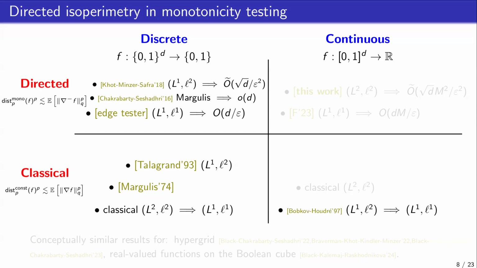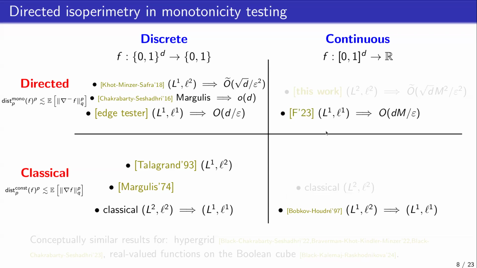If I want to understand the rest of this map, the first observation I can make is that, starting with this L1 inequality from which I got my first connection here, there is an L1 inequality in the classical world as well. The easiest way to get it is from a fancier inequality by Bobkov and Houdré. So we're taking some advanced results and getting something basic out of it. But okay, we can get this classical inequality.